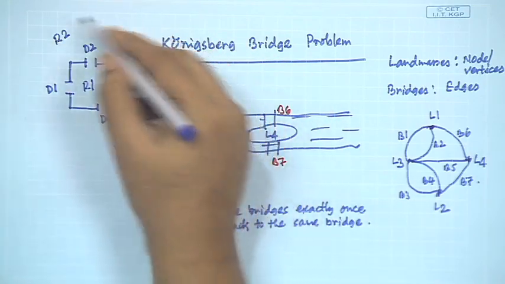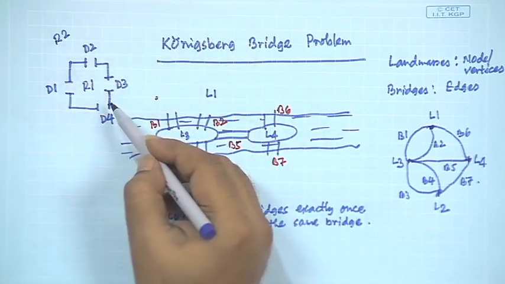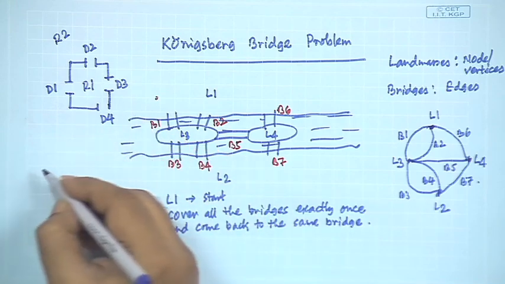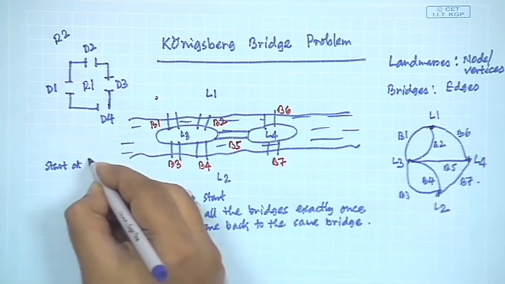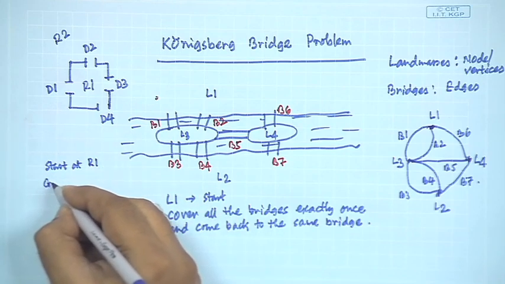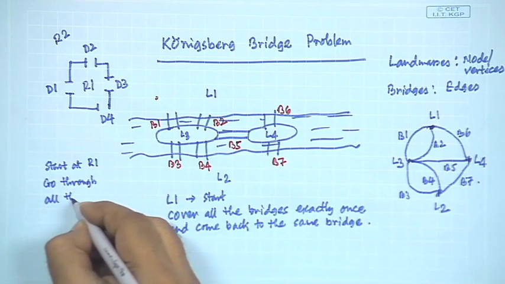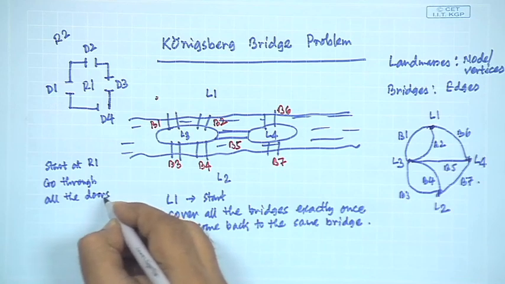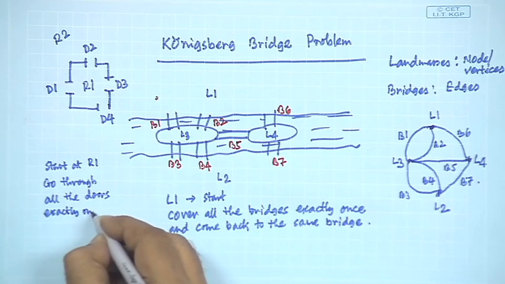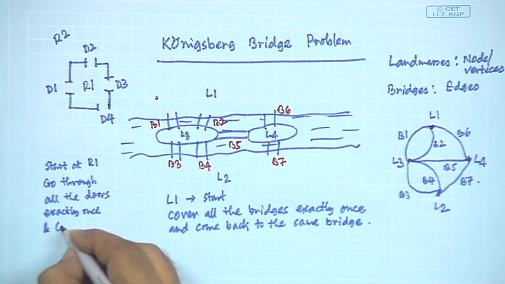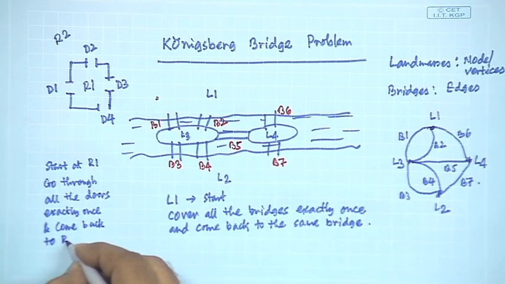So, it is like a big room, within that this small room is there and this room has got 4 doors. Now, start at R1, go through all the doors exactly once and come back to R1.